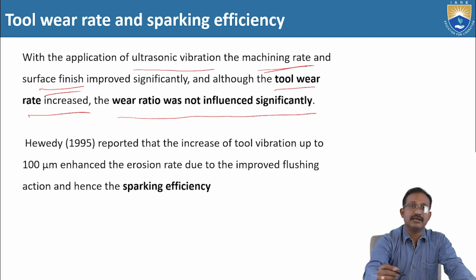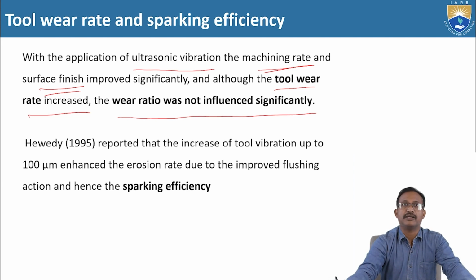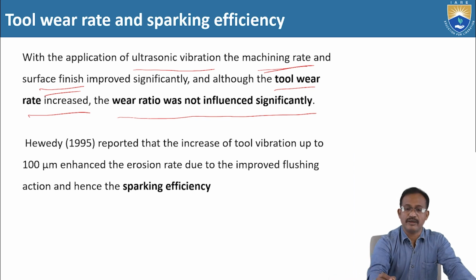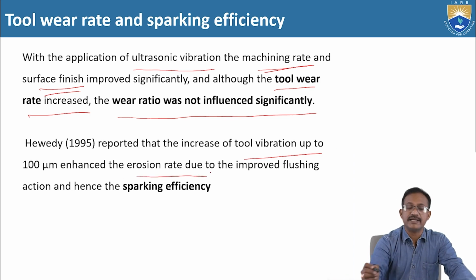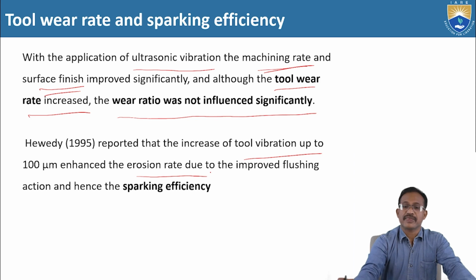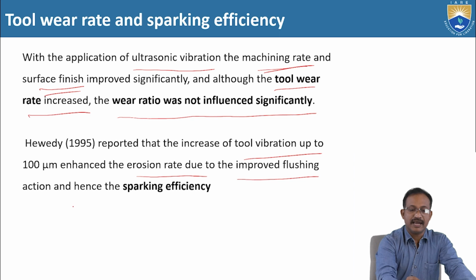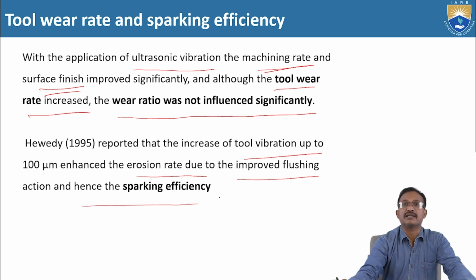Here, another scientist named UD reported that the increase of tool vibration up to 100 microns enhanced the erosion rate due to the improved flushing action and hence the sparking efficiency.